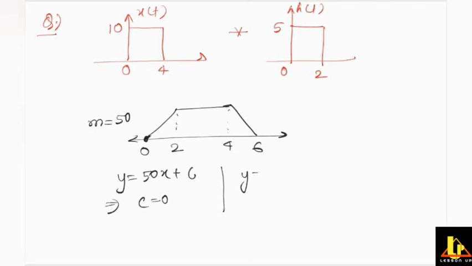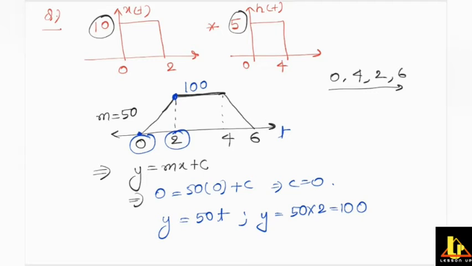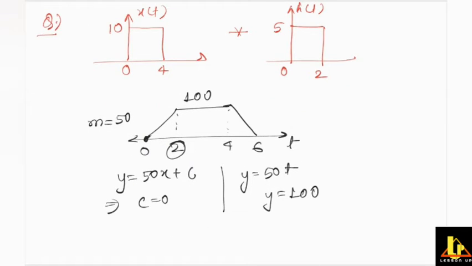Now y will be equal to 50x, so I represent x with t, so I write 50t. So at t is equal to 2, what will be the value of y? That is 100. Okay, so if you do convolution of x of t with h of t, or h of t with x of t, you will get the same result.